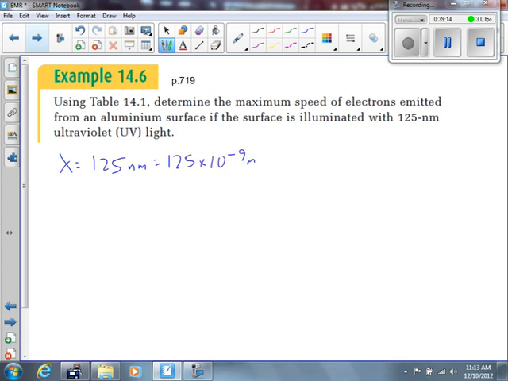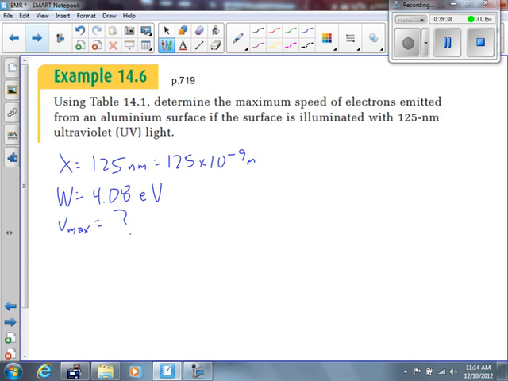So the work function for aluminum from the table is 4.08 electron volts. We want to determine the max speed of the ejected photoelectrons here.